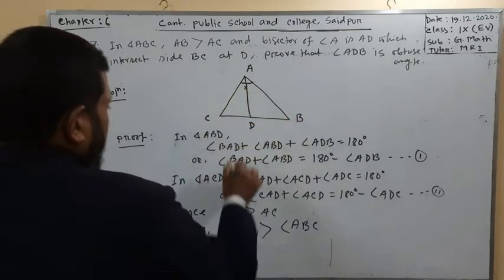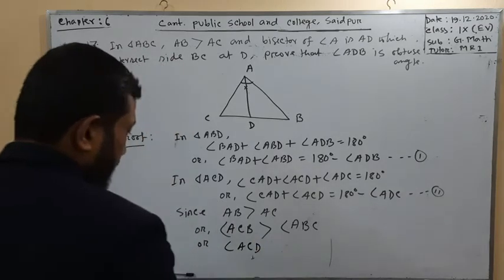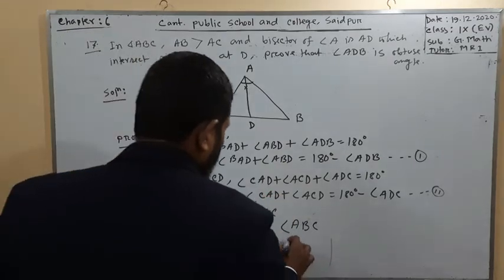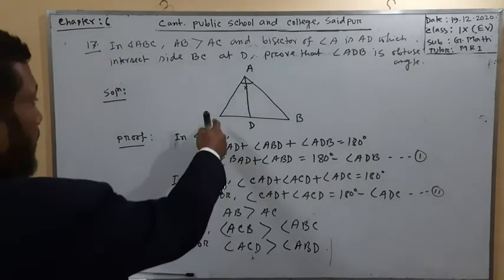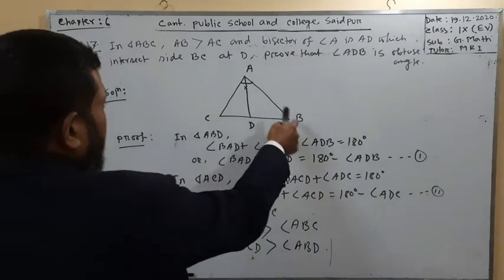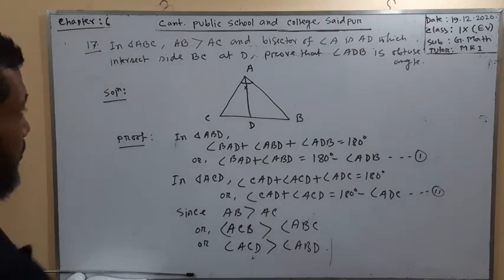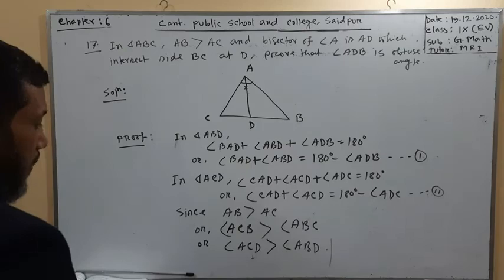We can write here ACD and ABC, this is ABD. Since angle CAD and BAD, these two are equal because AD is the bisector of angle A.